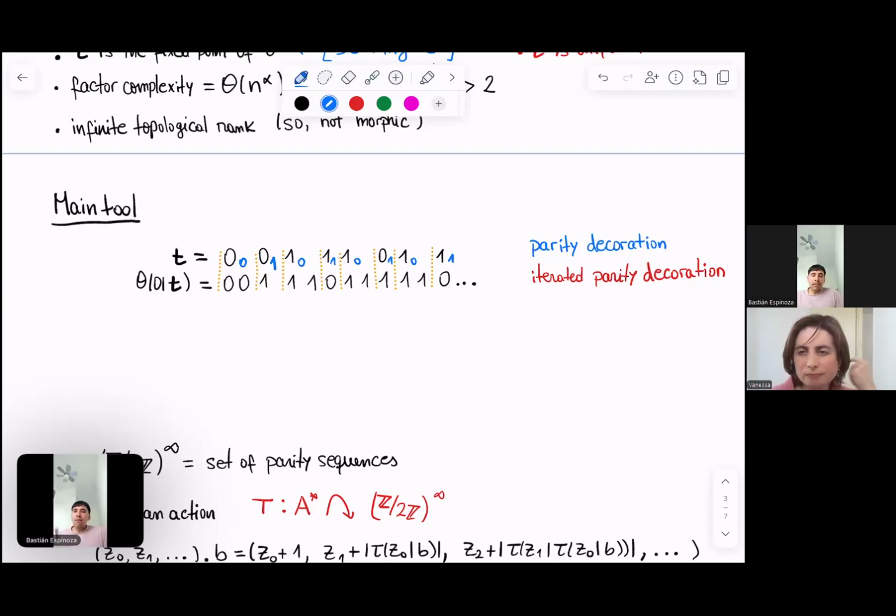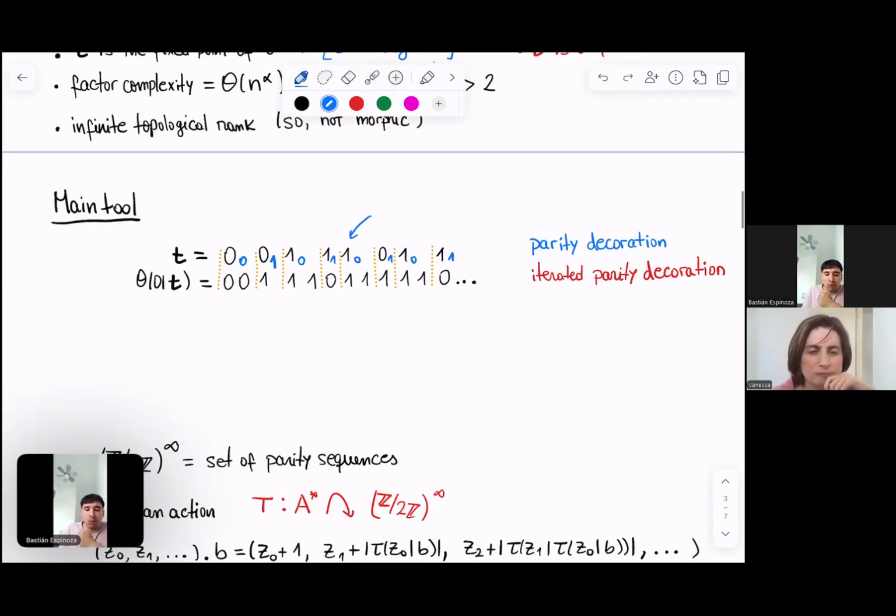And now, after this decoration is added, we know how to apply the substitution to any given letter in our infinite word, because now we have the input letter, a 1, and the parity, a 0. So we know that we need to duplicate the letter with the 1, 1. But now the problem is that if we want to apply this substitution again, we cannot, because we don't have information about the parity here.